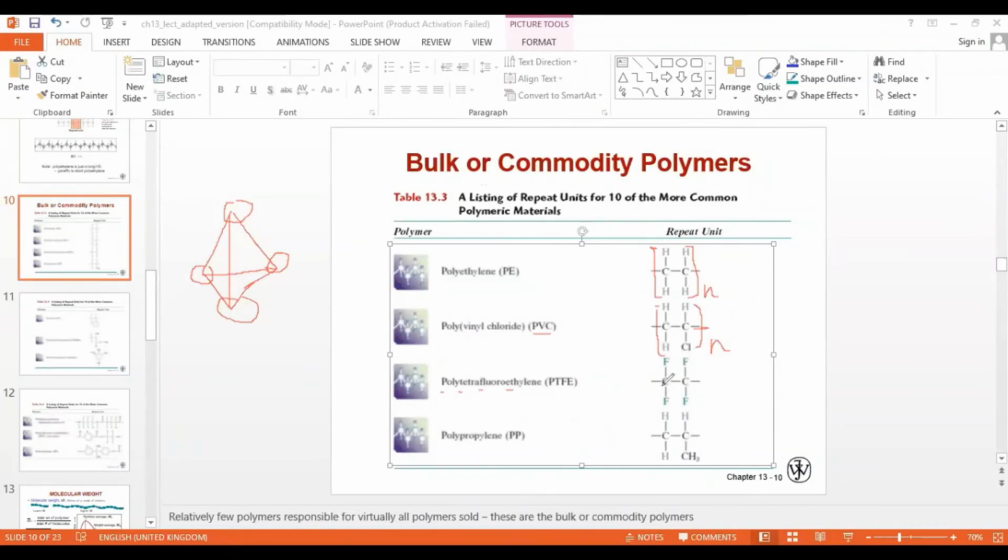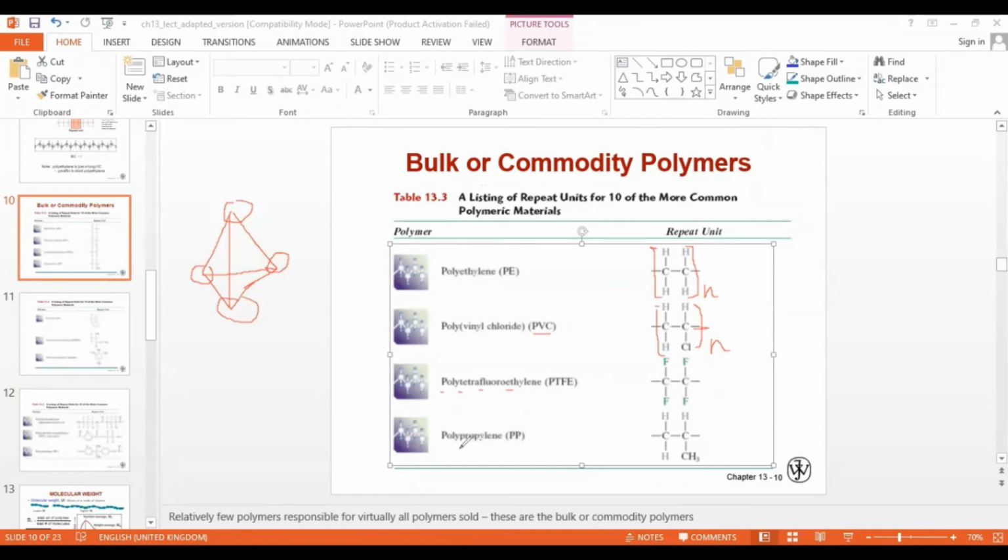Ethylene means 2 carbon should be there. We have 2 carbon. You don't need to memorize this. Simply by understanding, you can write the name. Poly anyhow is going to come. Tetrafluoro, 4 fluorine is there. 2 carbon is there, that's why it's ethylene.